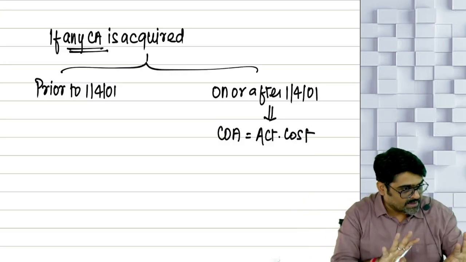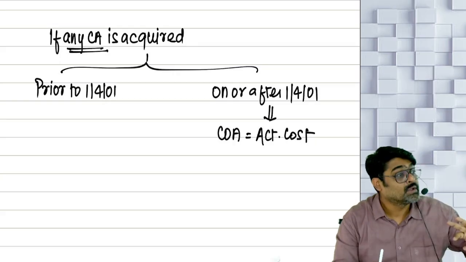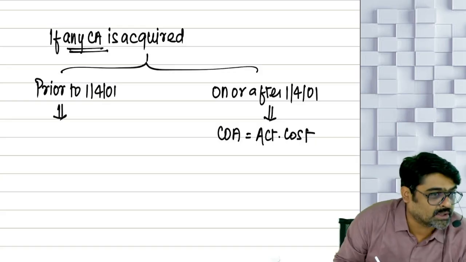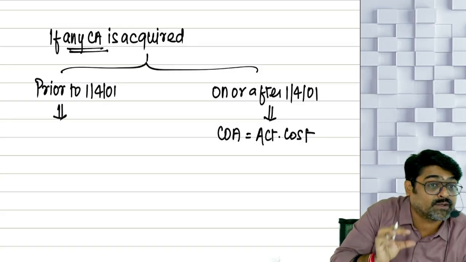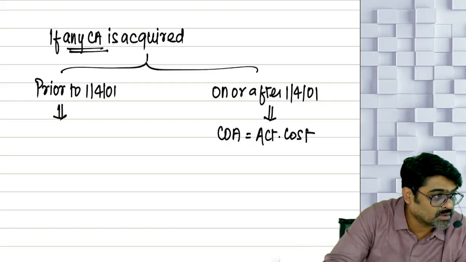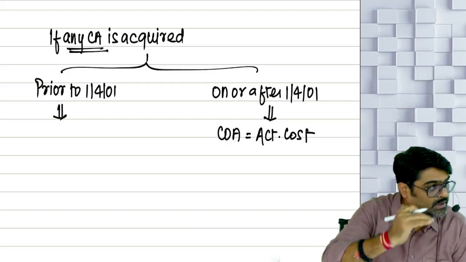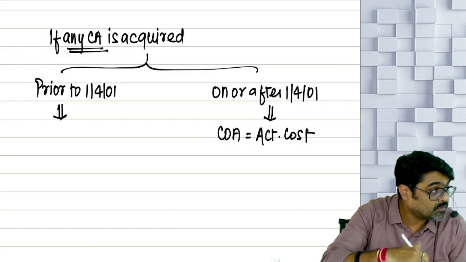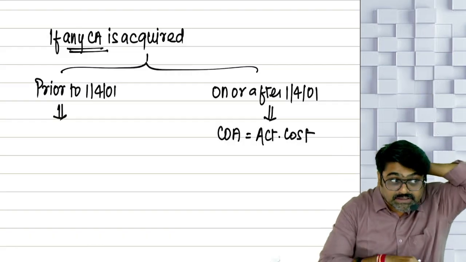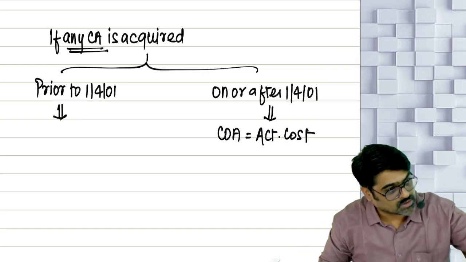So if any capital asset is acquired by you prior to 1st April 2001, here you get that option under section 55(2)(b). You can take the actual cost as the cost of acquisition, and then we are giving you an option that you can take the fair market value as on 1st April 2001 as your cost of acquisition.